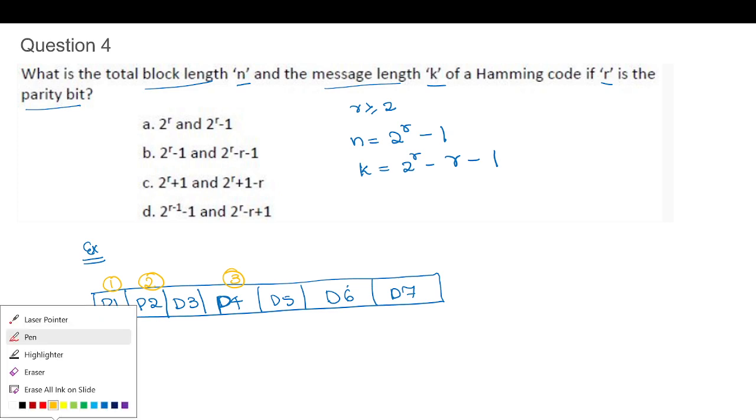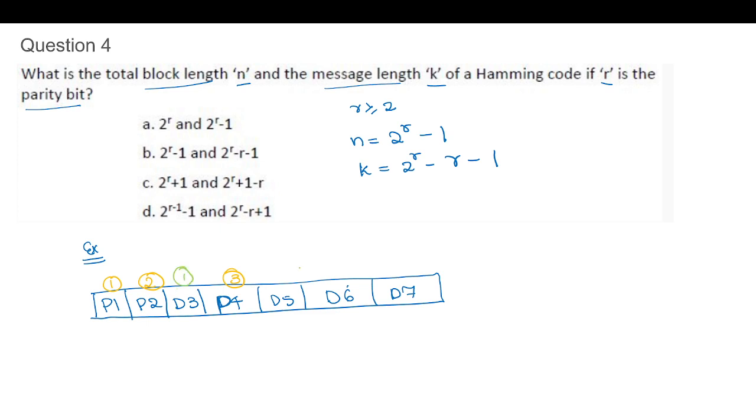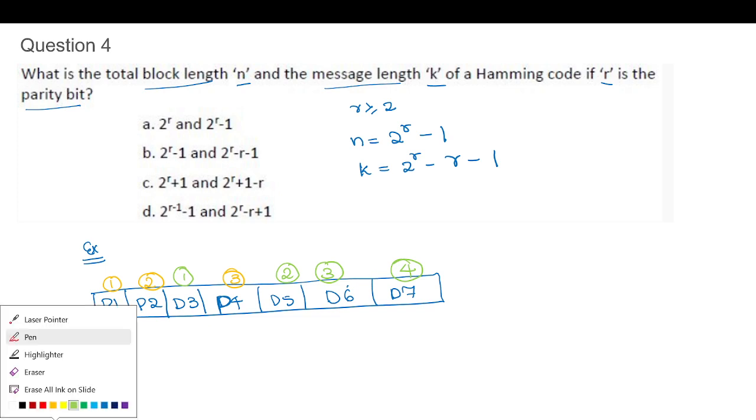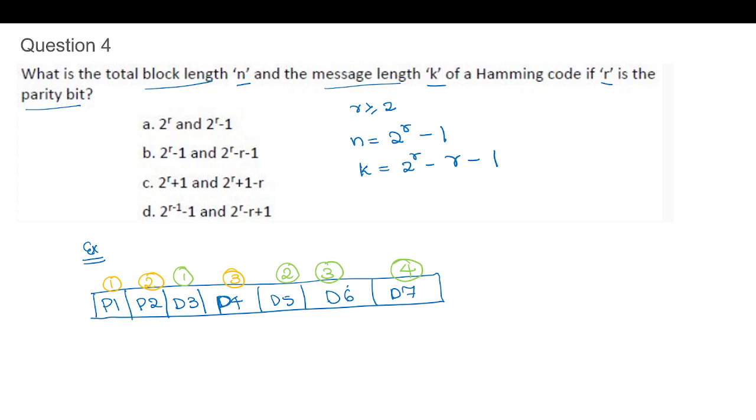How many are the data bits? 1, 2, 3, 4 data bits. So here n is equal to 2 to the power 3 minus 1, that is 8 minus 1, so total 7. We can write up to 7. The total length is 7.